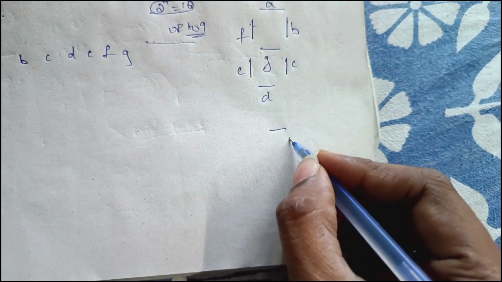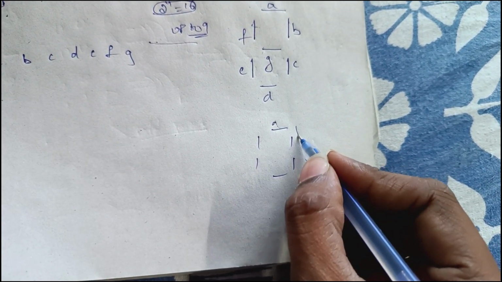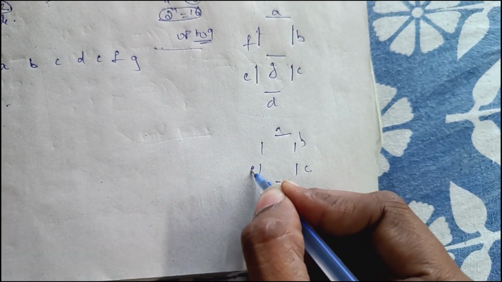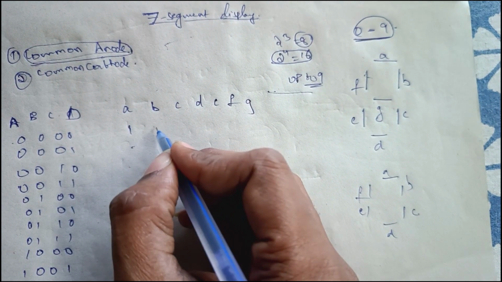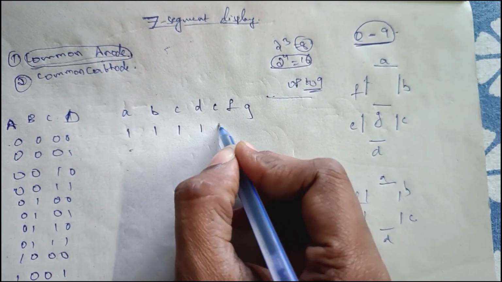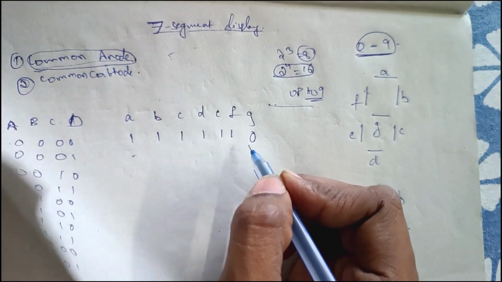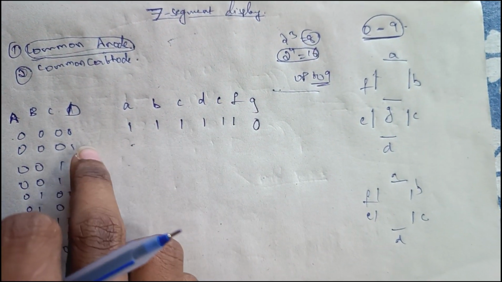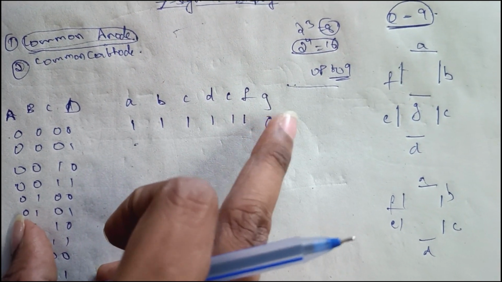So we pass logic 1 to all the segments except G for 0. In the common cathode it will be reversed: we give logic 0 to all the segments except G.